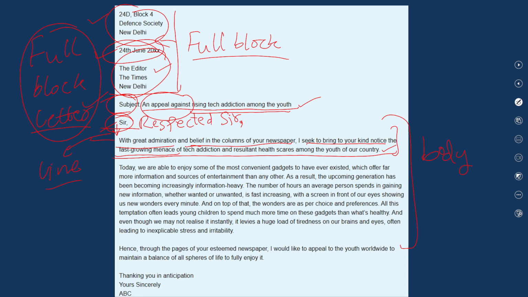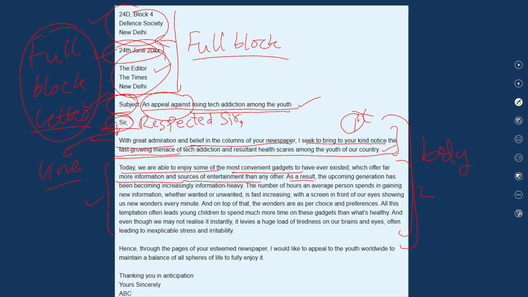Then you can talk about the detail. The second paragraph is actually the supporting paragraph where you will describe and justify the first paragraph. Today we are able to enjoy some of the most convenient gadgets to have ever existed, which offer far more information and sources of entertainment than any other.